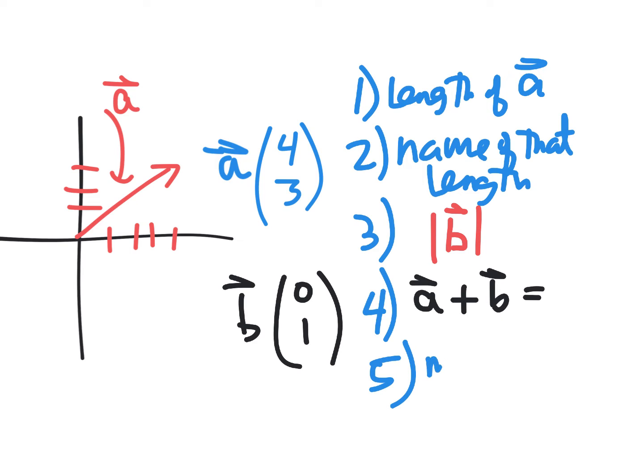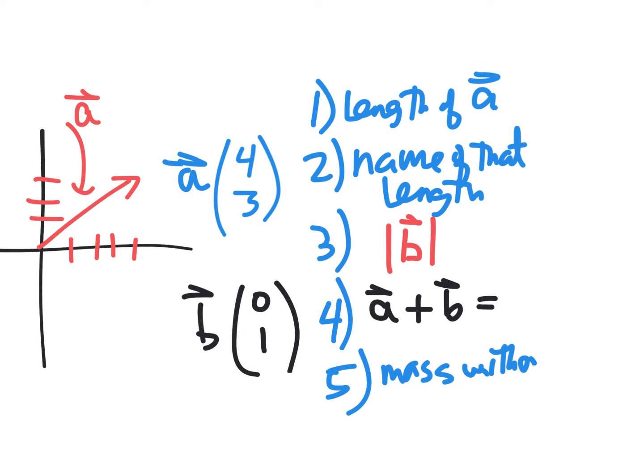Number 5, what's mass without, don't say it, it's a question that you have to answer. Mass without direction. Don't say it. Write it. Number 6. What the heck is the 0 vector?